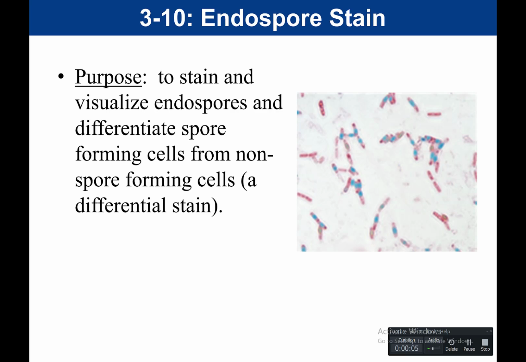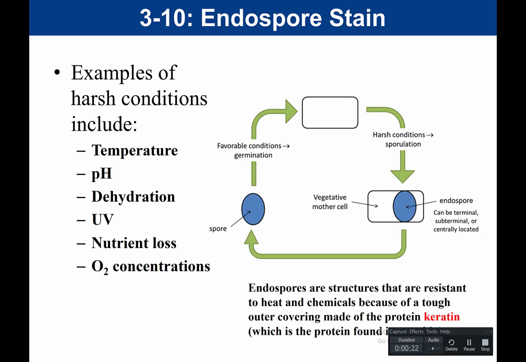For the endospore stain, you want to know the purpose, and the purpose is to stain and visualize endospores and differentiate spore-forming cells from non-spore-forming cells, and this is a differential stain. So you want to know the purpose. You want to understand when endospores form. Endospores form when conditions become harsh.